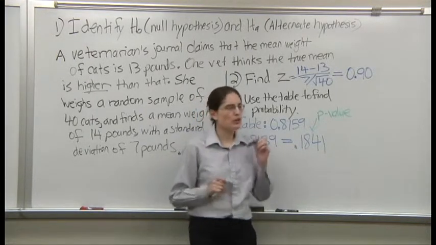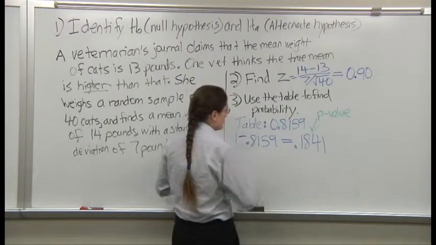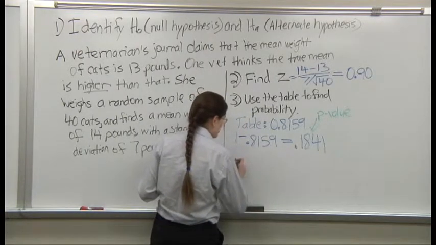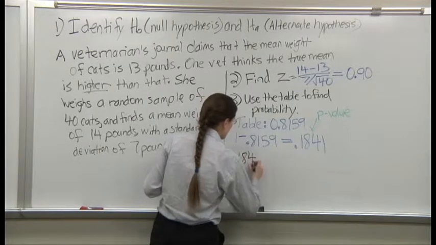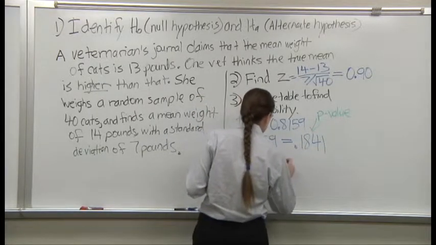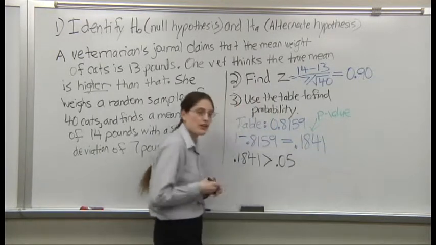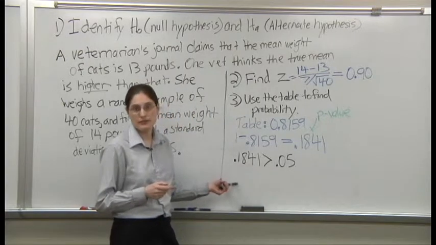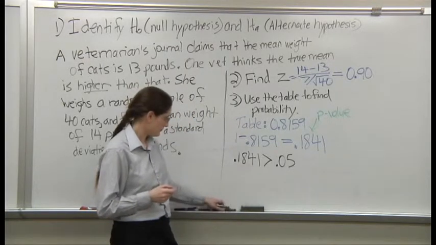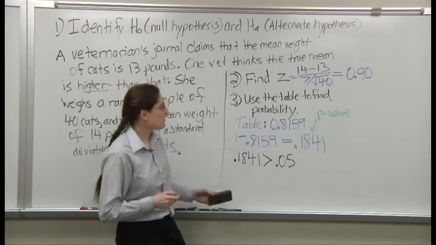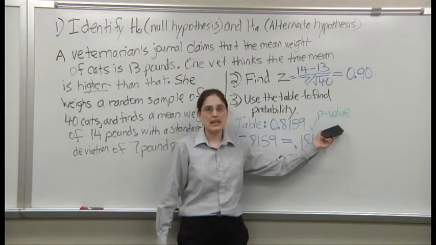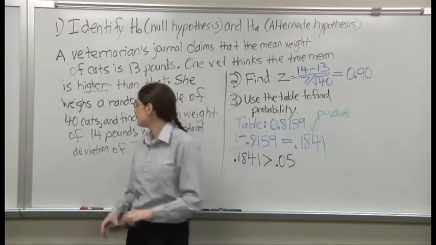Usually, small is less than 0.05. So, 0.1841 is definitely bigger than 0.05. Our p-value worked out to be big rather than small.